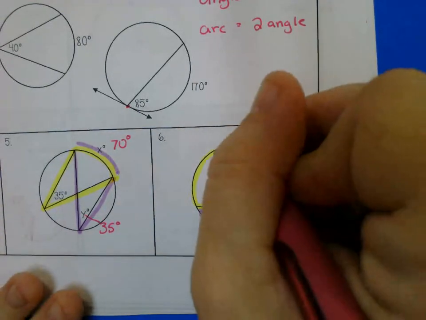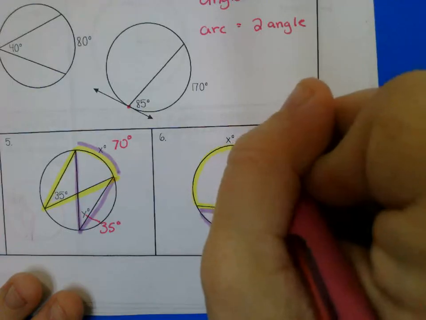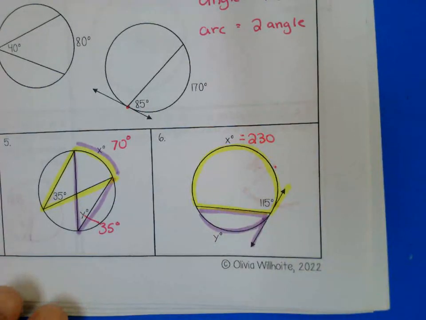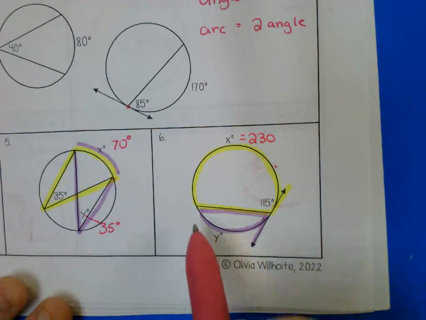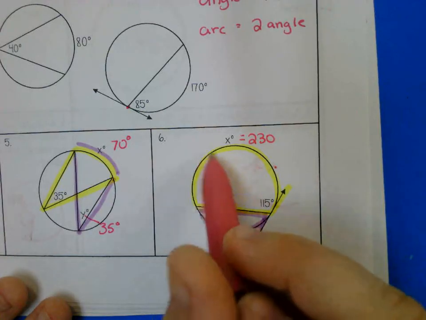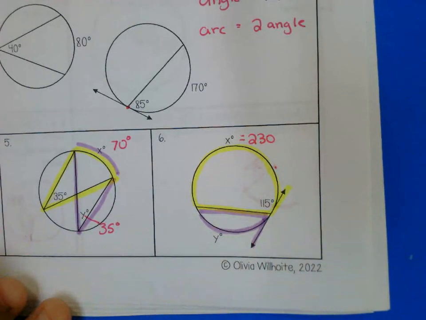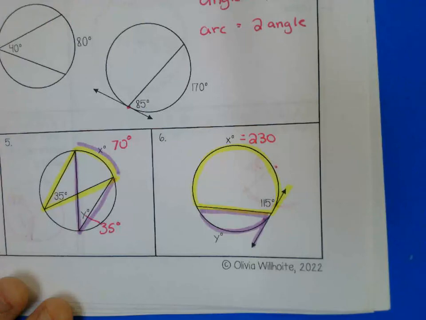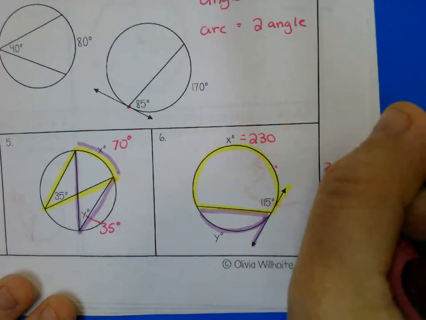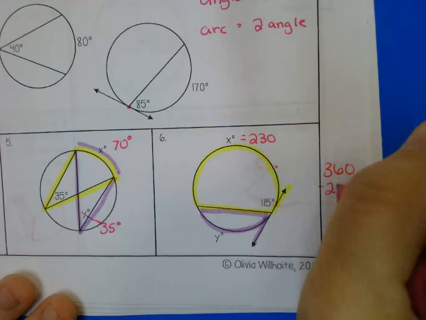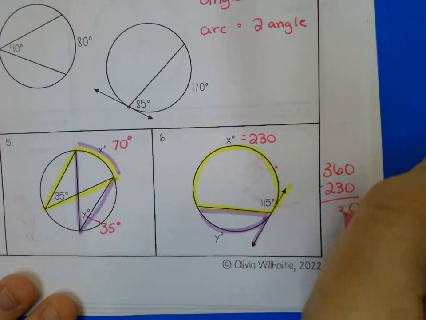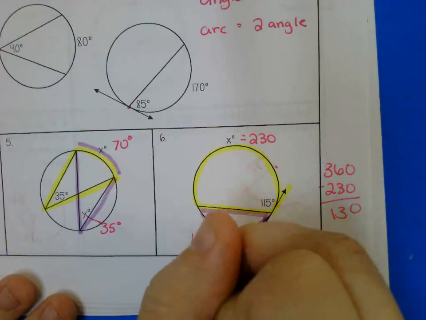Yeah. So X here is 230 degrees. Okay, how can I find Y? If I know that X is 230, how can I find Y? Yes, 360 minus 230, which makes Y 130.